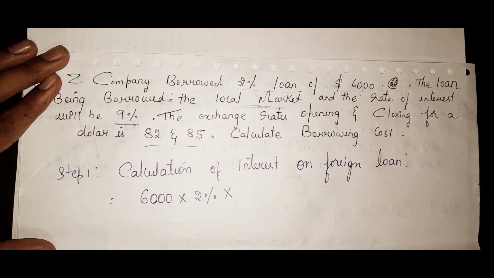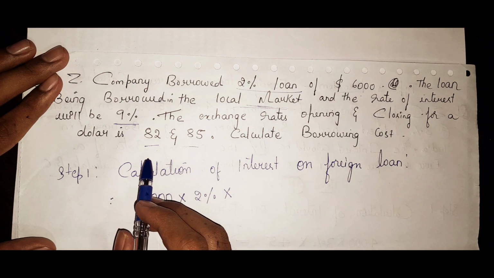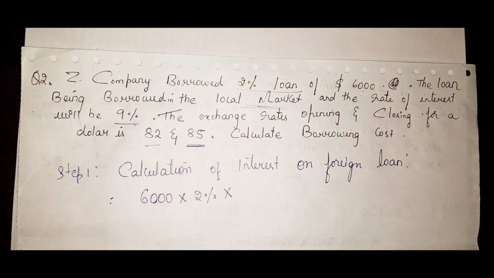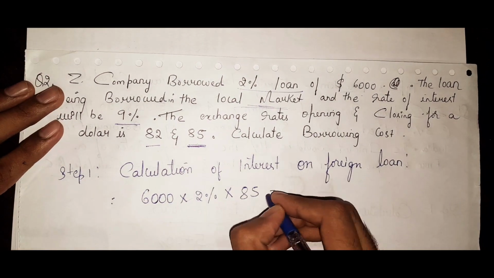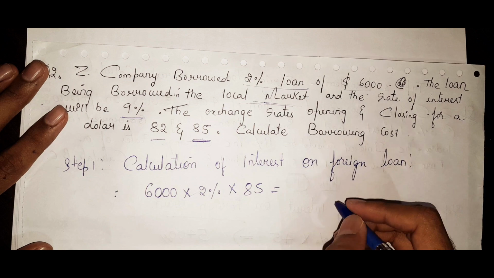What is the closing amount? The closing amount will be 85 rupees. So on 31st March closing date it will be 85 rupees. So take 85 rupees. 6,000 into 2% into 85 rupees will be 10,200.